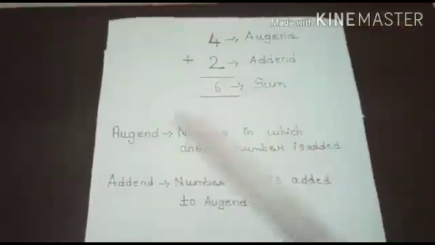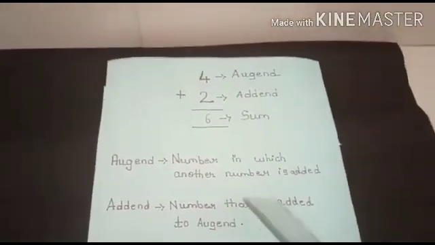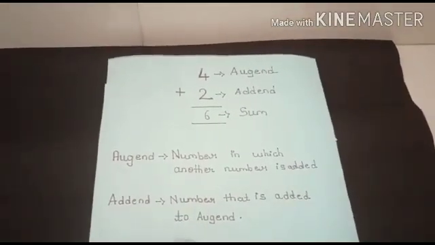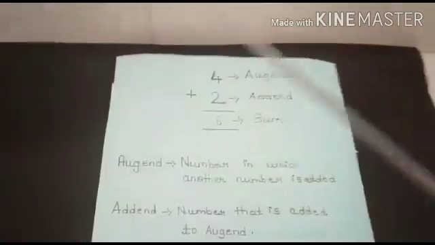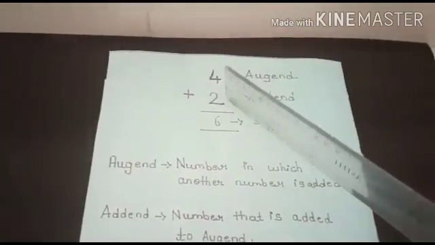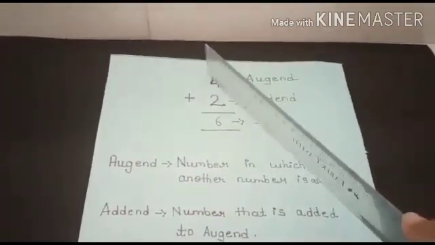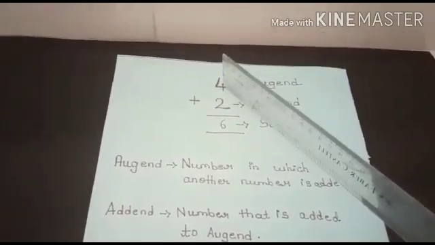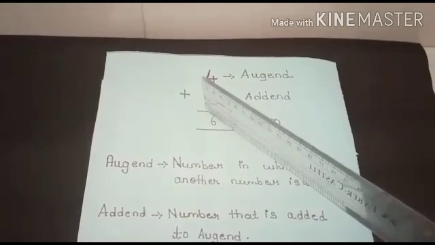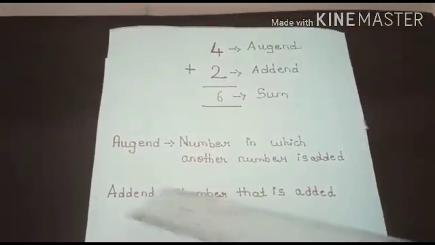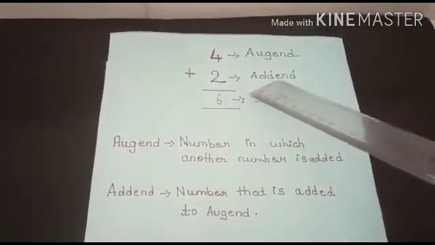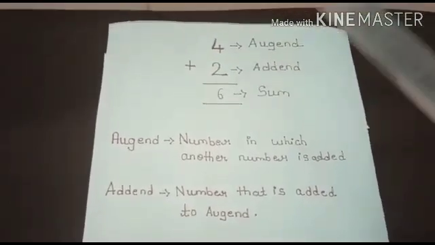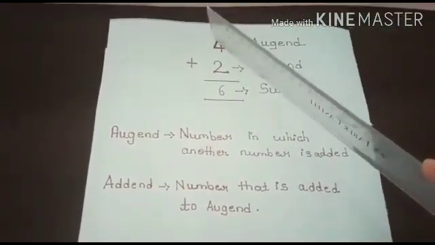Addend means the number that is added to the augend. So this is the number which we add to the augend.